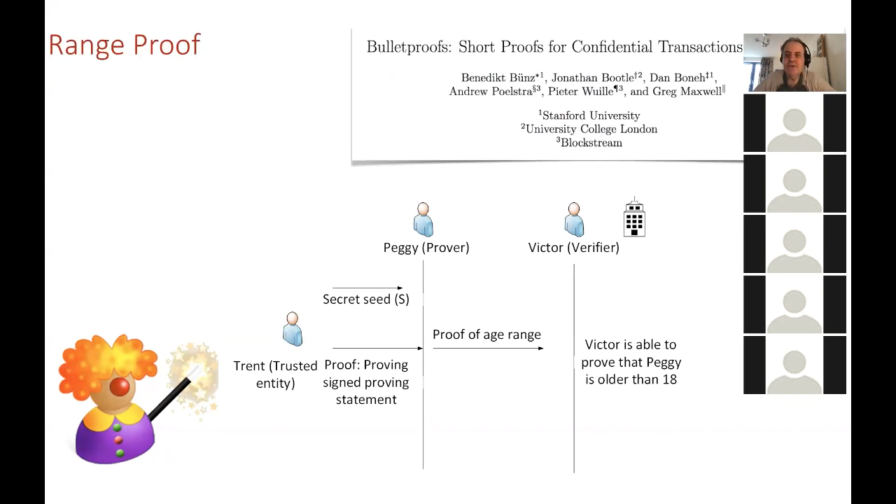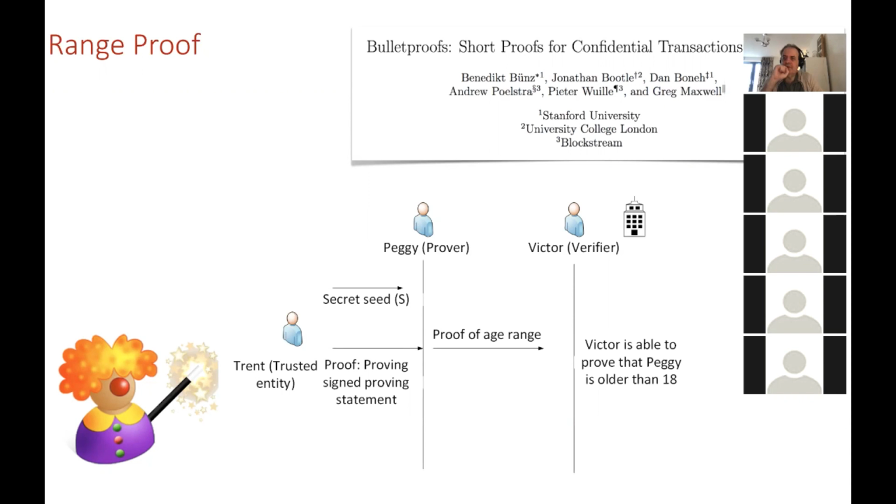And it was created with one of the best methods around, what's called bulletproofs, and they are there to make sure that you can actually prove that your value is inside a certain range, and you get a cryptographic certainty of that.